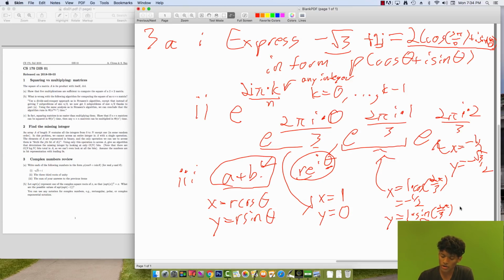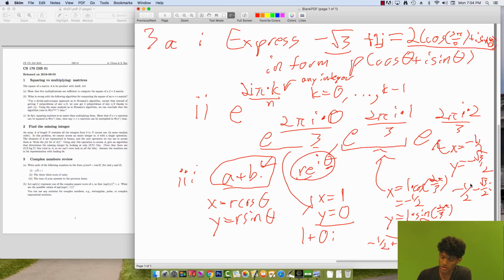Okay, now all we have to do is piecewise sum up the x's and then sum up all the y's, right? We can see that this number is 1 plus 0i. This number is negative 1/2 plus root 3 over 2 times i. And this number is negative 1/2 minus root 3 over 2 i.